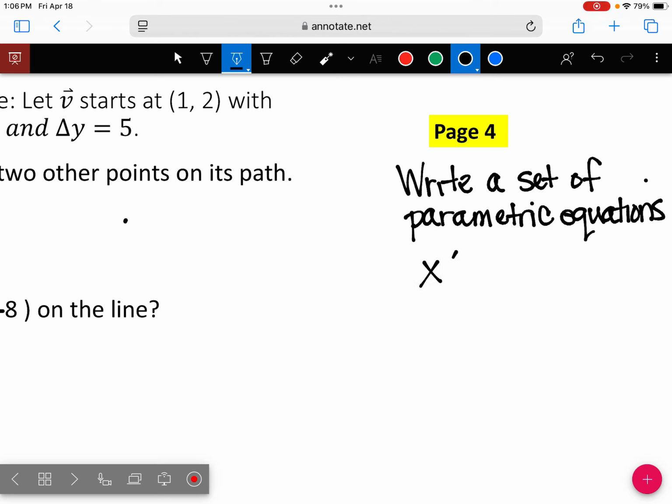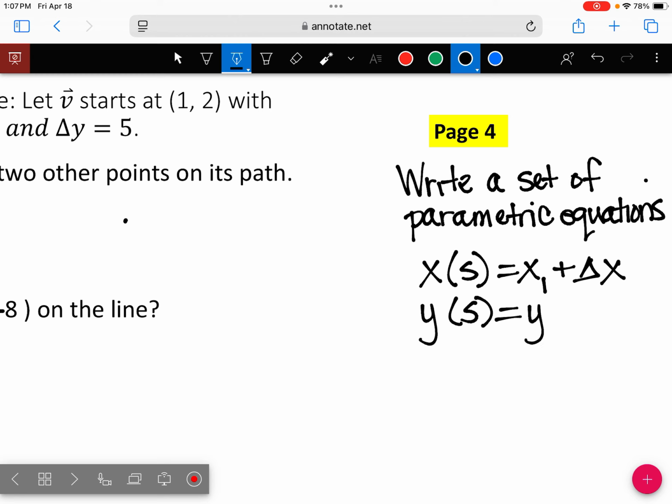So the formula: x of s is equal to x1 plus the change in x. Y of s is equal to y1 plus the change in y.